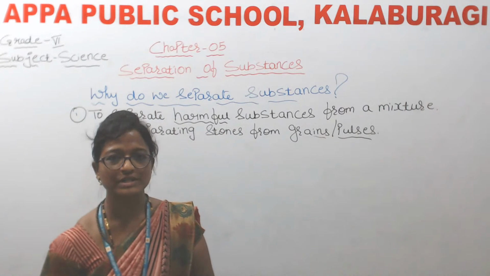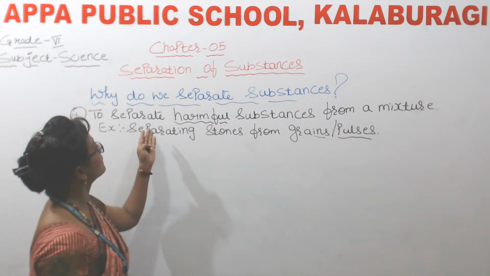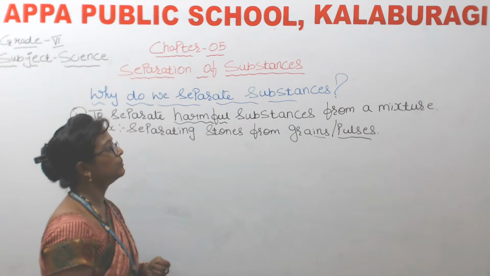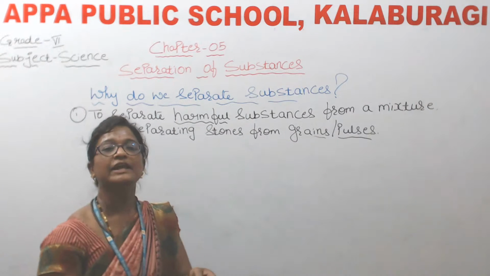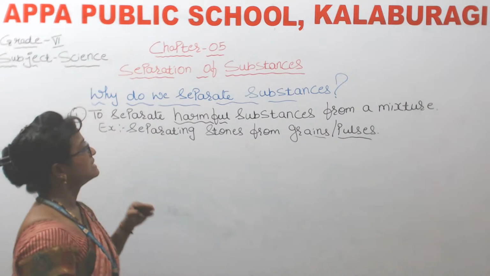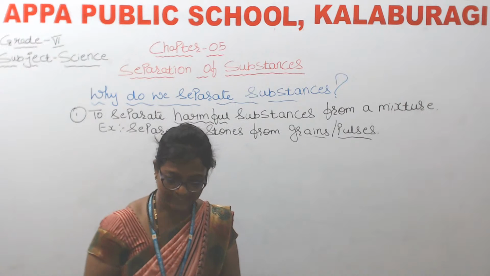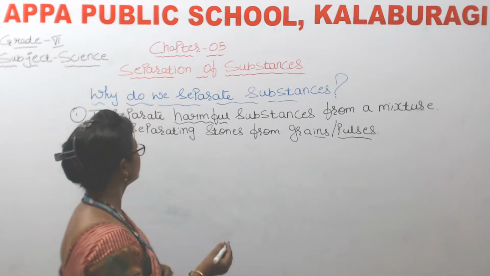Stones are harmful to our body, isn't it? We should separate them. So this is the reason why we need separation, and the example for that is separating stones from grains or pulses.